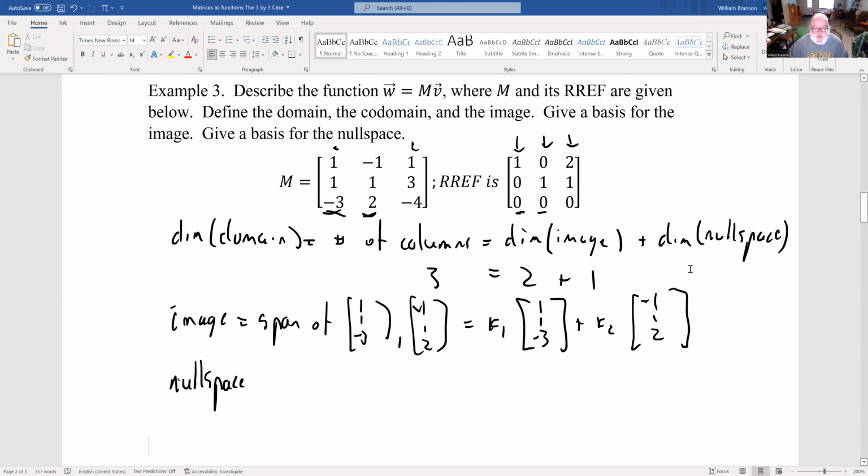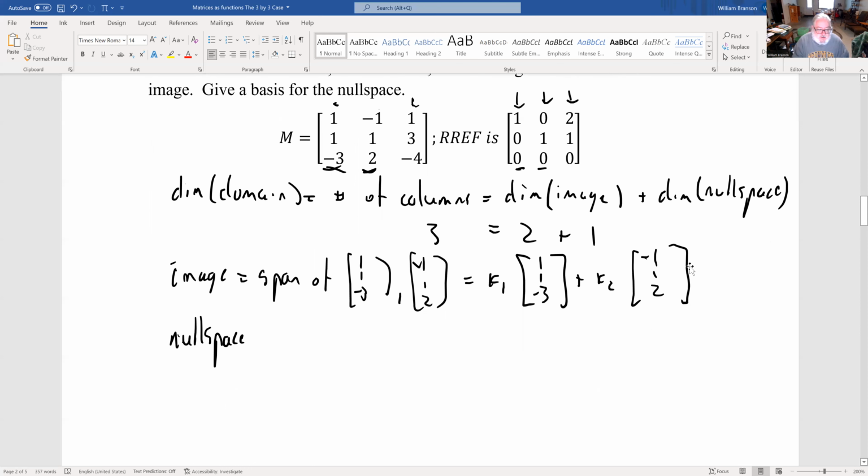Null space, what's the null space equal to? Well, we just set up our parameterization. So we have x1 plus 2 x3 equals 0, x2 plus x3 equals 0, and we don't have an equation for x3. So that's taking this reduced row echelon form and turning it into a pair of equations.